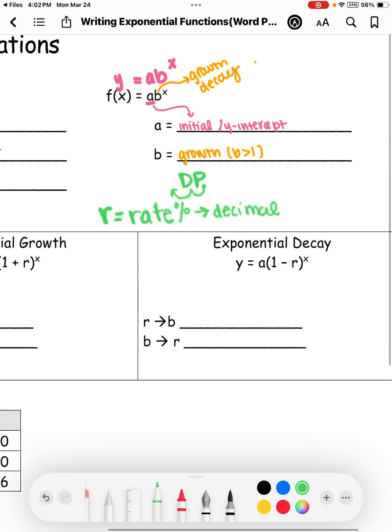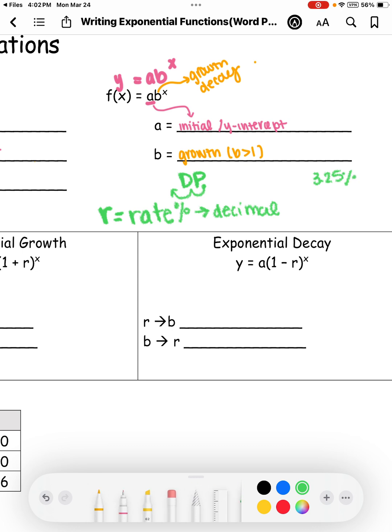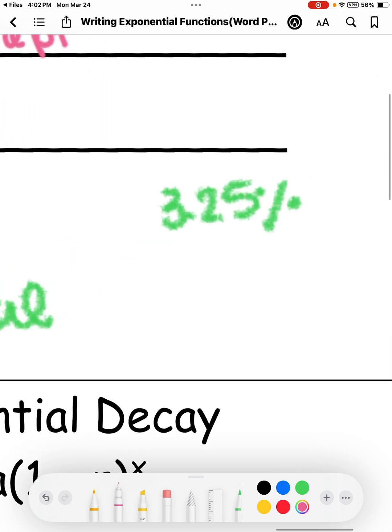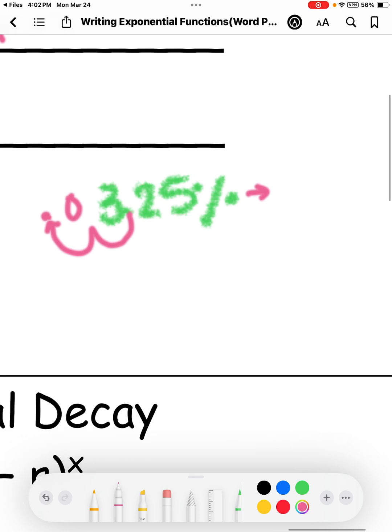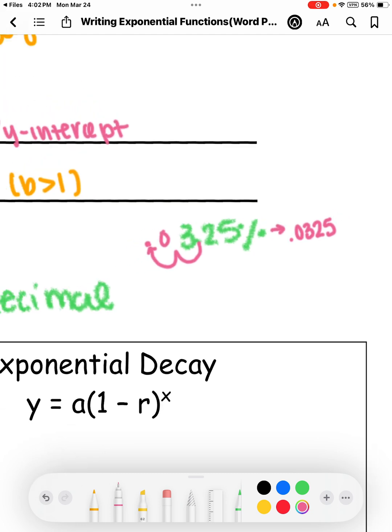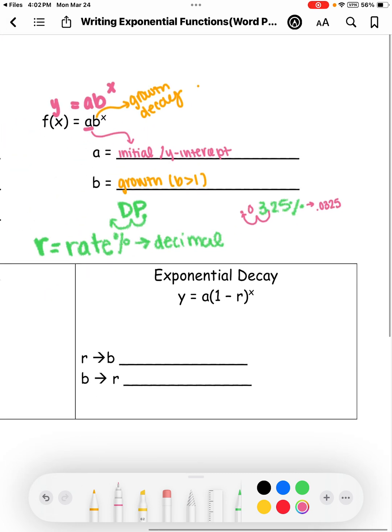So if I had 3.25%, I would take the decimal and move it 2 places to the left, and I would fill that empty spot with a 0. So that would turn into 0.0325. Percent to decimal, make sure you know how to do that.